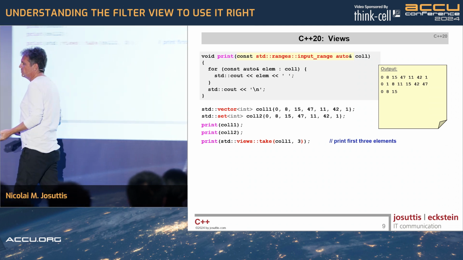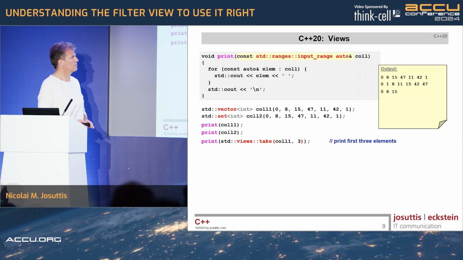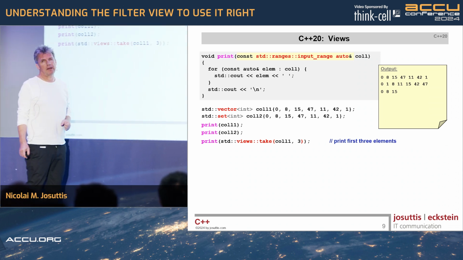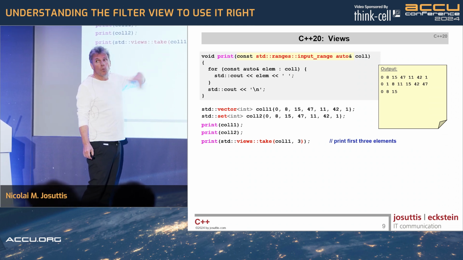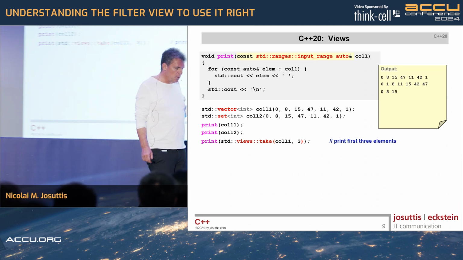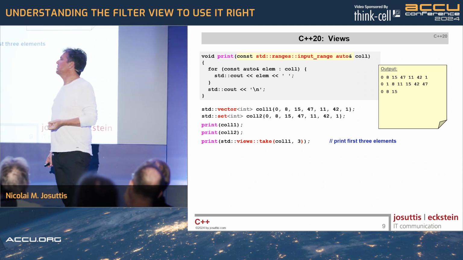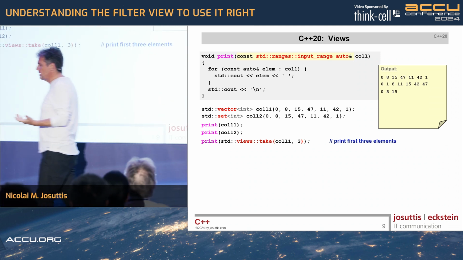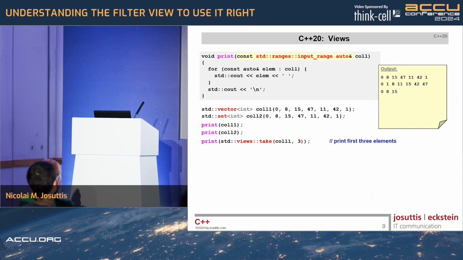The basic way to define a view is to call an adapter that gets where we iterate over and say something what we want to do with this range. So in this case here, we say, let's only take the first three elements. You can pass that to print. So obviously, that is still something you can iterate over. So we print the first three elements here.